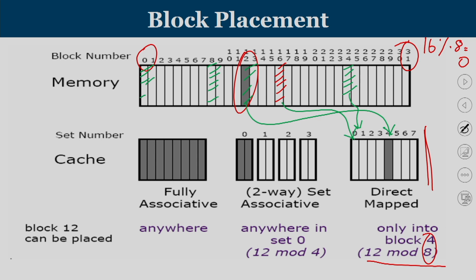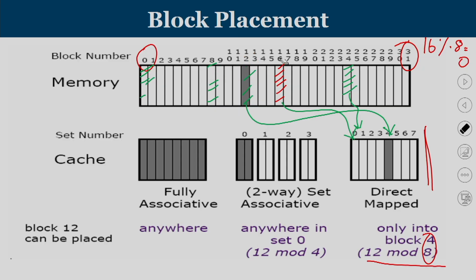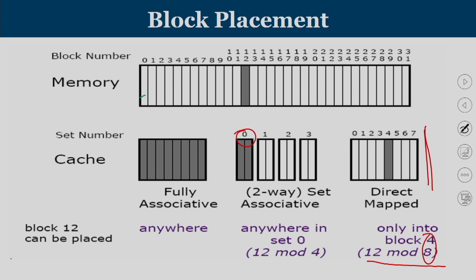Another category of cache is where the same cache of 8 blocks is reorganized in a different shape. These 8 blocks are grouped into 4 groups, where each group has 2 blocks. So, we call them set 0, set 1, set 2 and set 3. Now, the modulus function is block number in main memory mod 4.